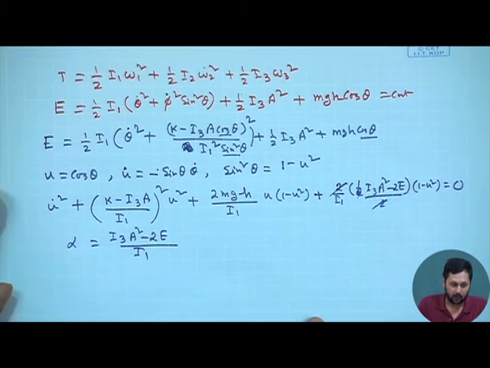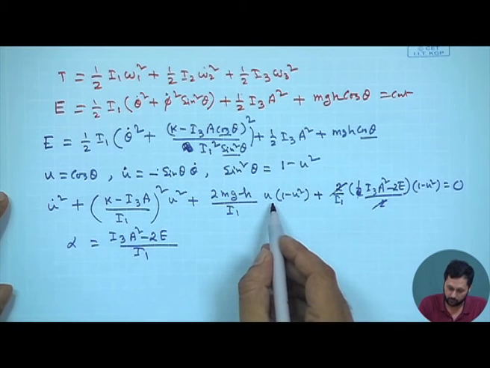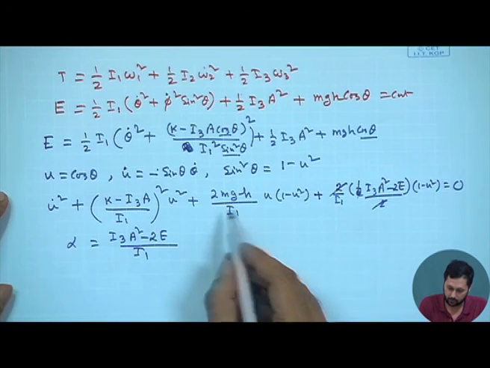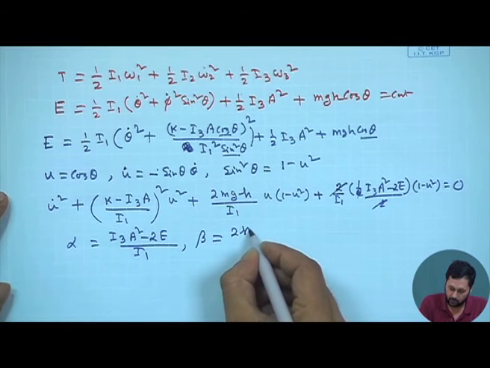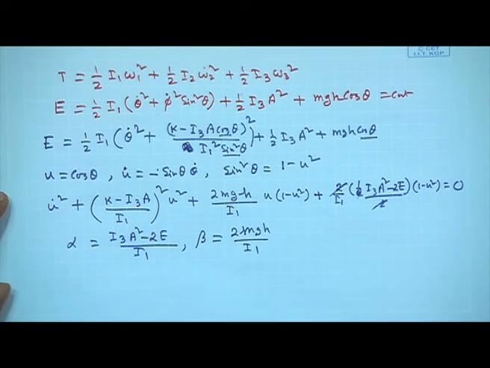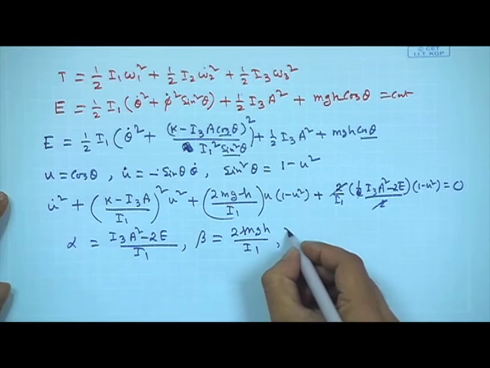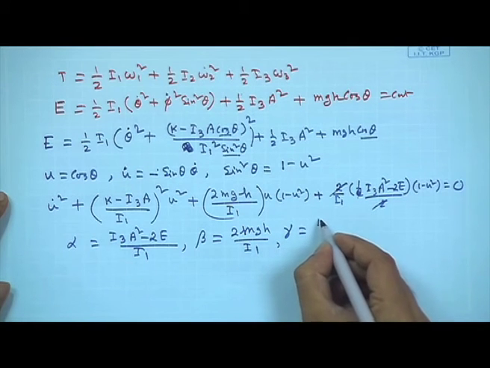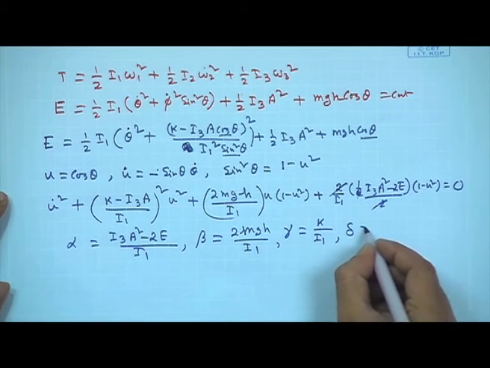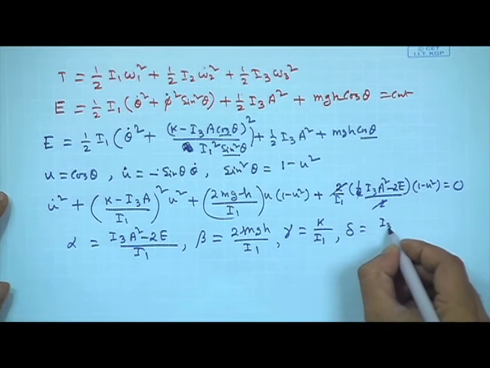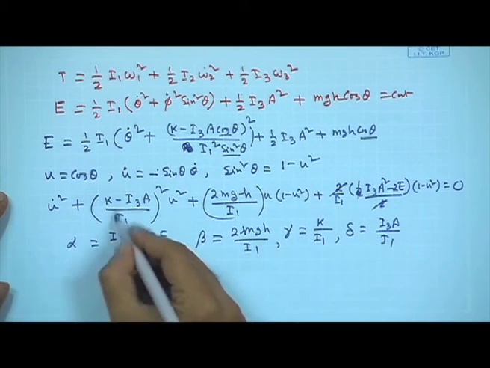So, let us call this alpha, and there is a u (1 minus u square) here, right. Beta will be equal to 2mgh by I1, this part. Gamma will be equal to k by I1, which will come here, and delta will be equal to I3a by I1, which will come from the second term.